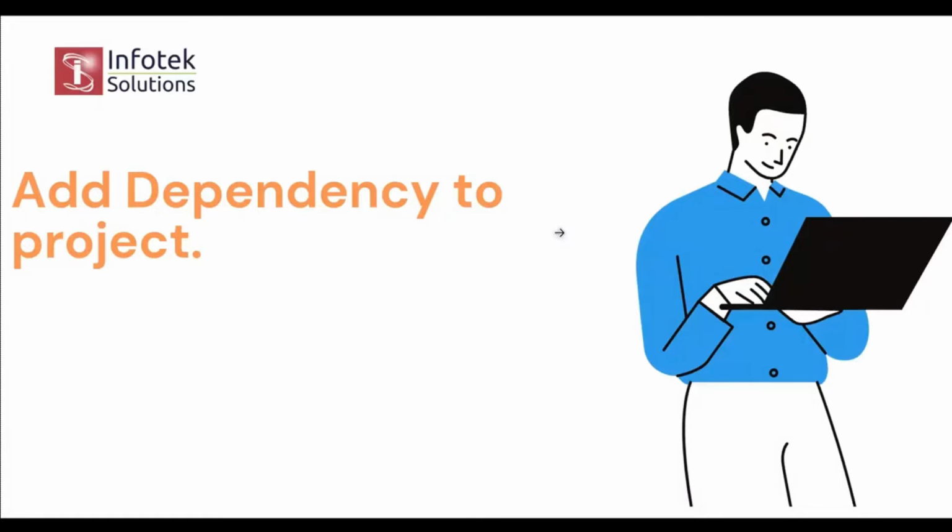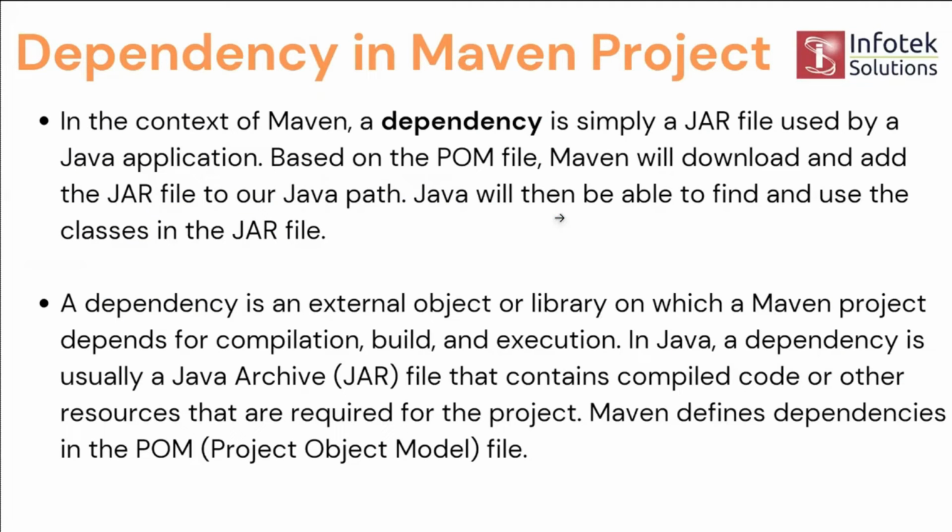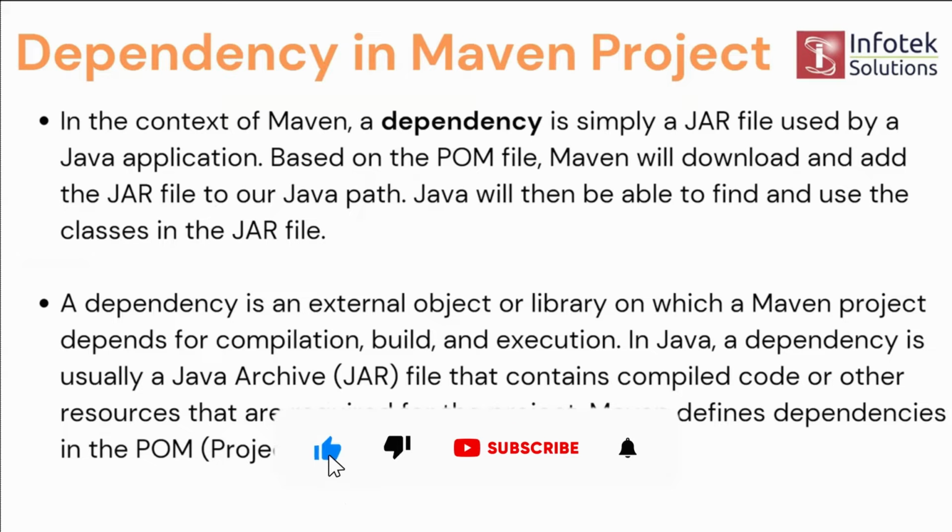So basically when we are using the Maven project structure, here we are going to add dependencies. So we are not going to manually add the required jar files. Instead, we'll add dependencies. Just before adding the dependencies, let's understand what a dependency is in a Maven project. In the context of Maven, a dependency is simply a jar file used for Java applications.